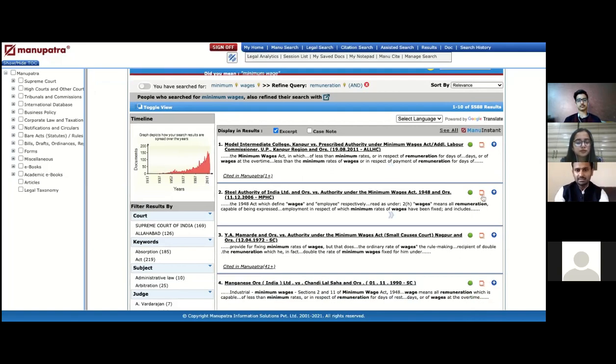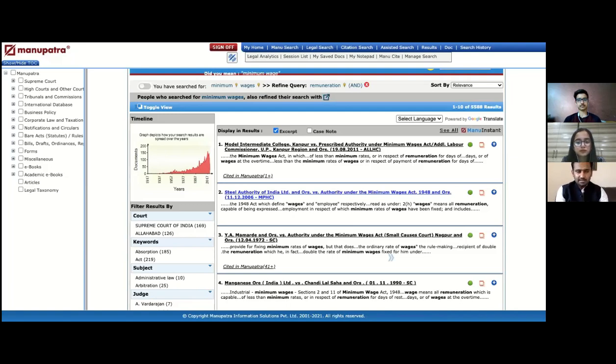But the easy way is just to keep opening all these tabs, then Command F or Control F, find remuneration. So you find that the dictionary clause of the 1948 Minimum Wages Act itself defines wages as all remuneration.